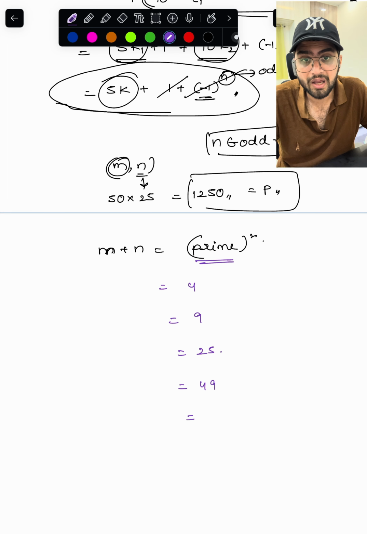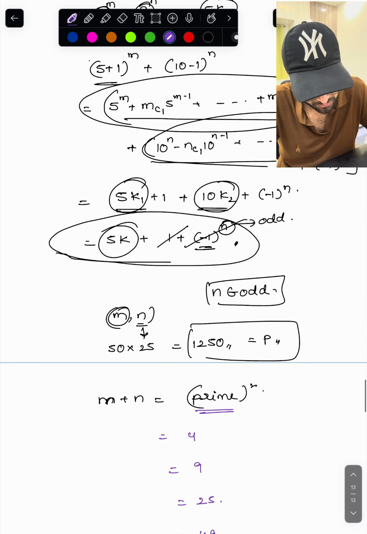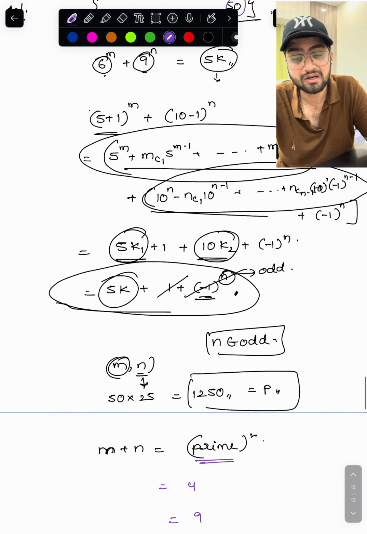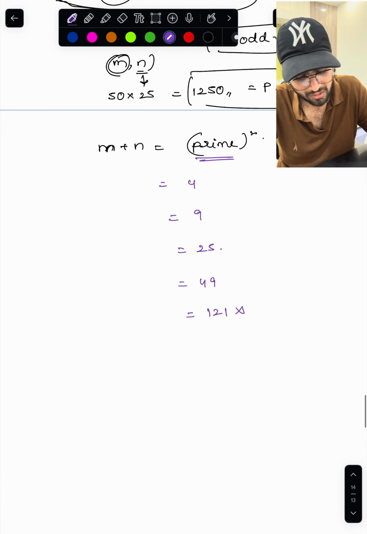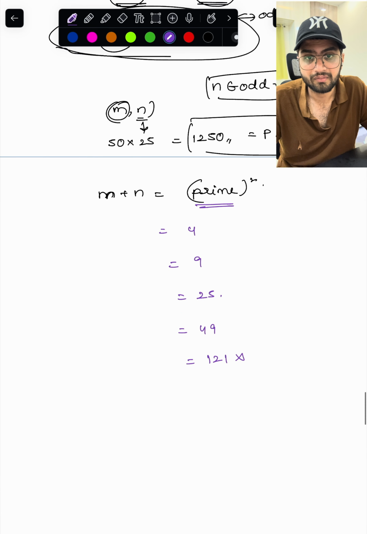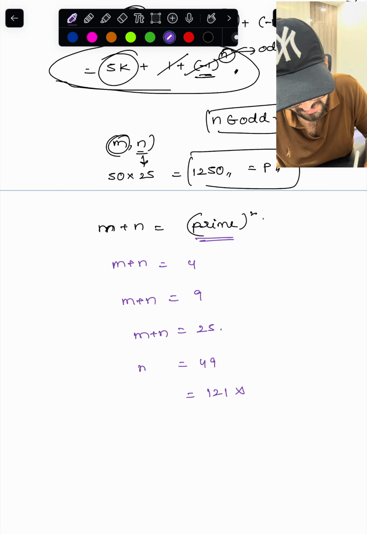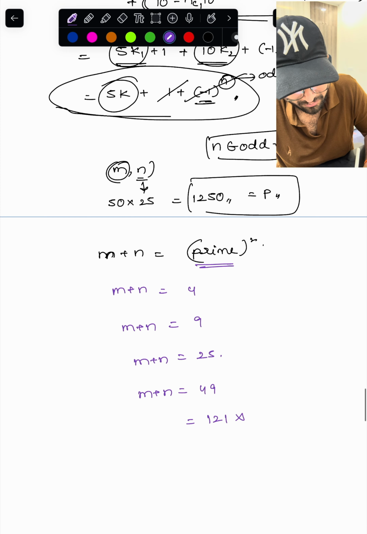After 7 the prime number is 11, which gives 121. But here M and N can take a maximum value of 50, so it cannot take 121, right? So here M plus N can be 4, M plus N can be 9, M plus N can be 25, M plus N can be 49.